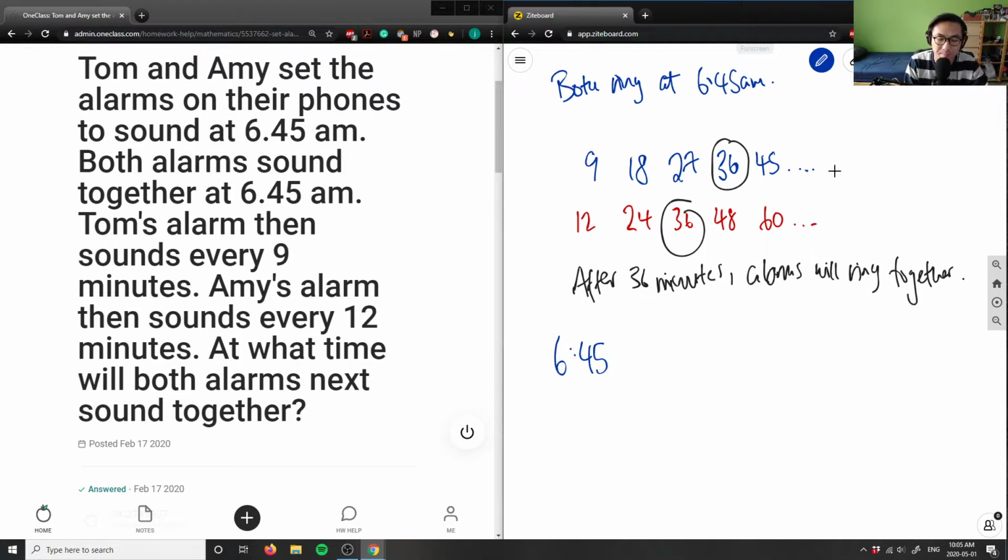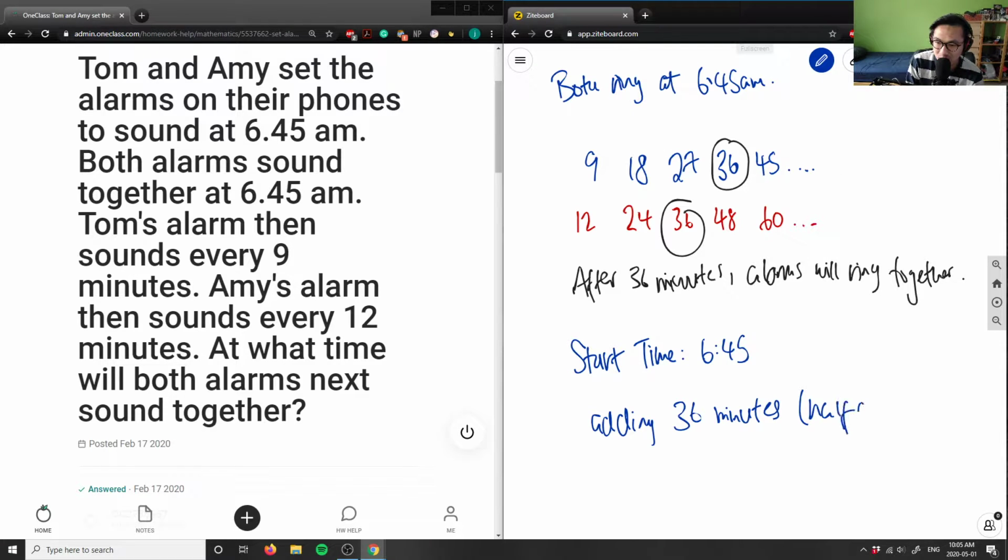Start time here is 6:45, and I'm adding 36 minutes. How I would visualize this is I would add half an hour plus 6 minutes.